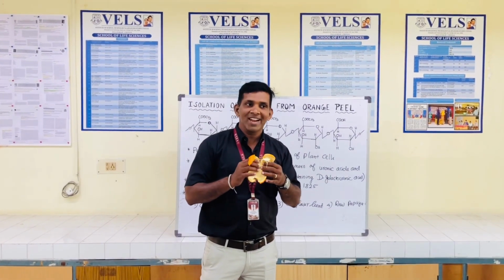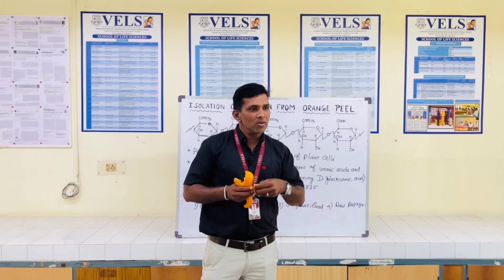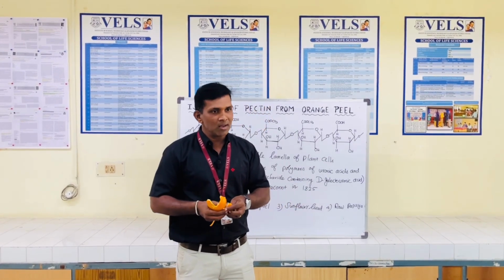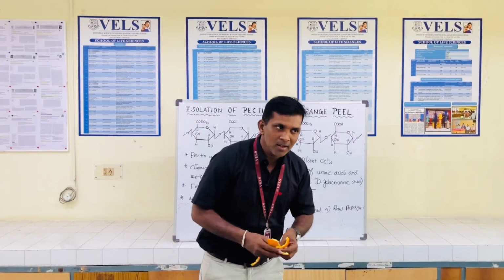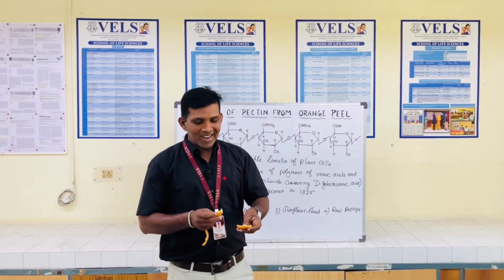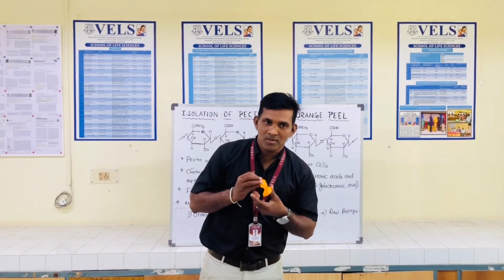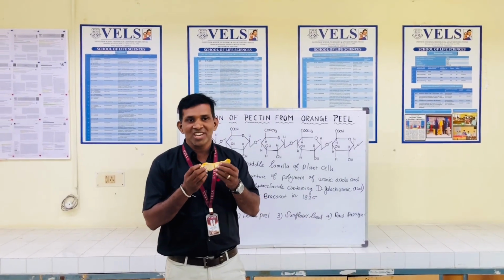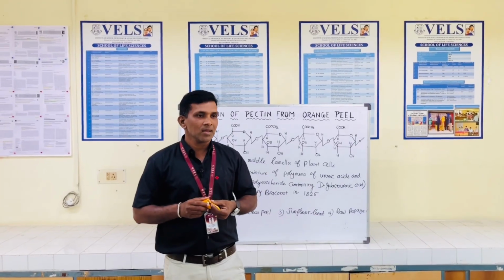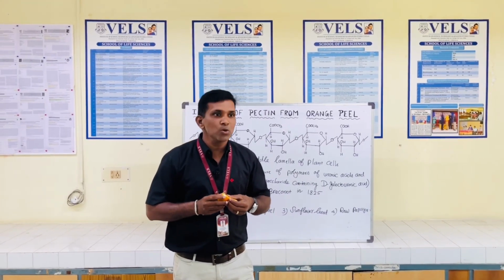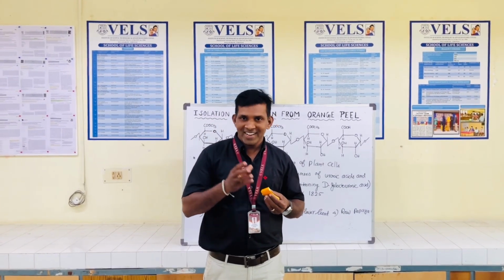How can we extract it? First, cut the orange peel into small parts, take 10 gram of orange peel and add 100 ml of distilled water in a beaker.